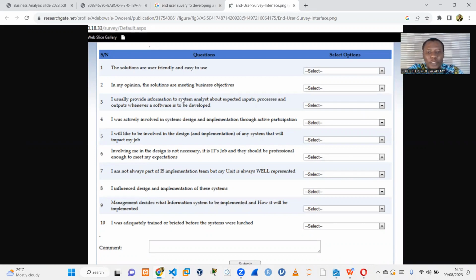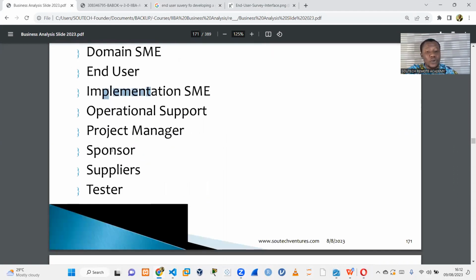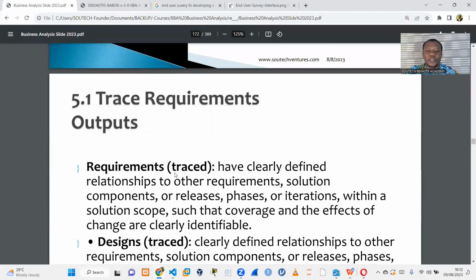I usually provide information to system managers about. So you can carve out something or work out something before the project starts. End users, right, to gather the best requirements for that project. Then, of course, implementation subject matter experts, the project manager, the sponsor, suppliers, anybody that's going to be involved in giving out some deliverables on the project, then the software testers. All of these people can help us get proper documentation requirements for our projects.